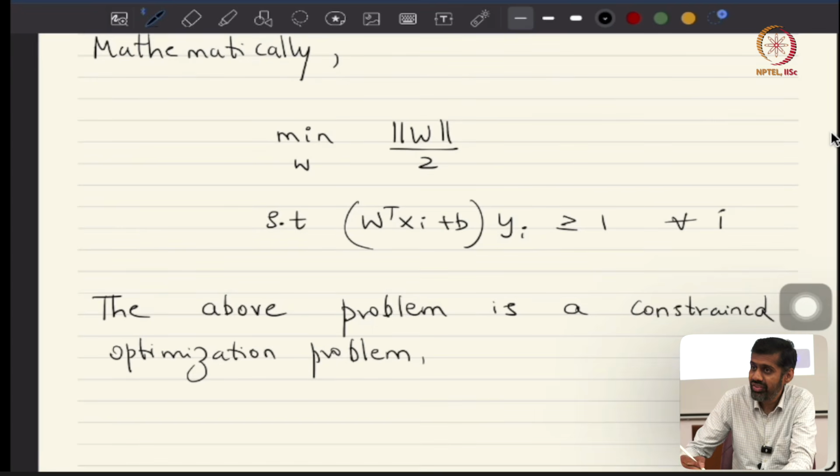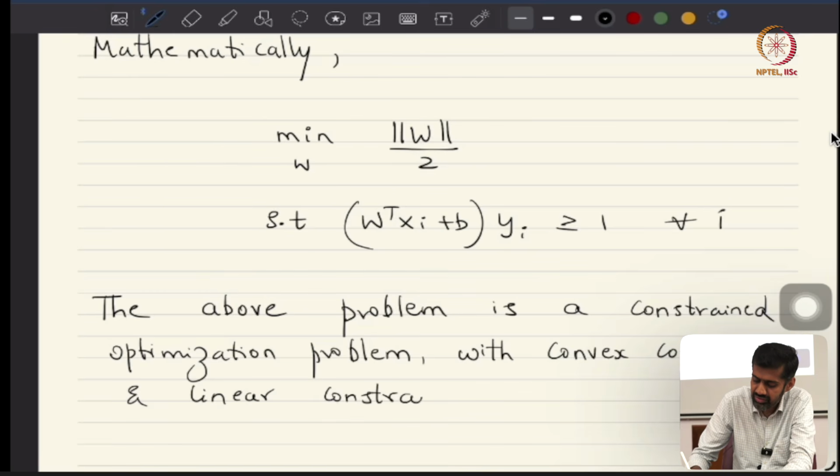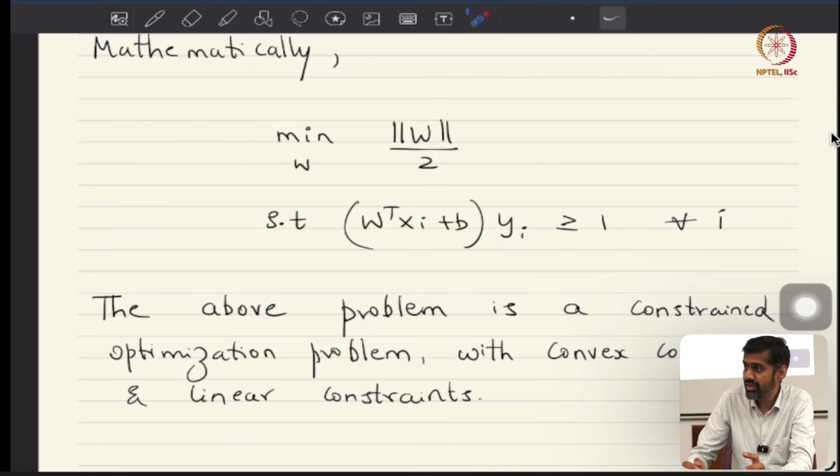See, the elegance of this entire thing comes because of two things. One, a constraint optimization problem with convex cost and linear constraints. The optimization problem is over W, and the objective function is convex because we are looking at the 2 norm.